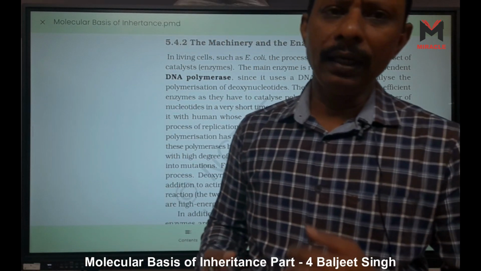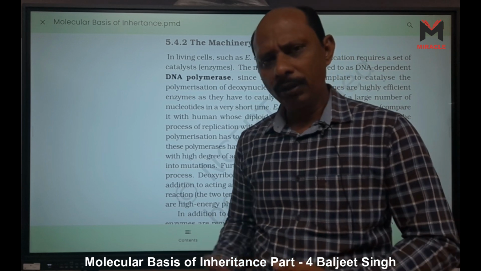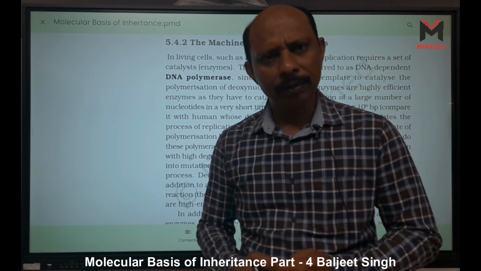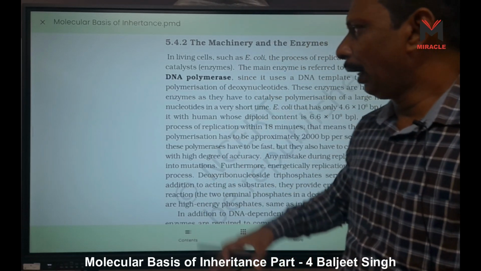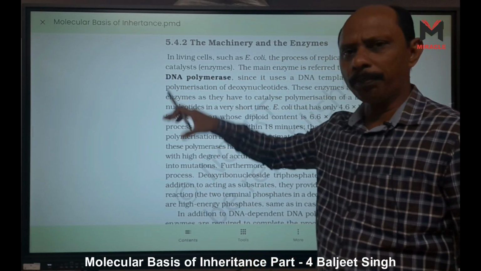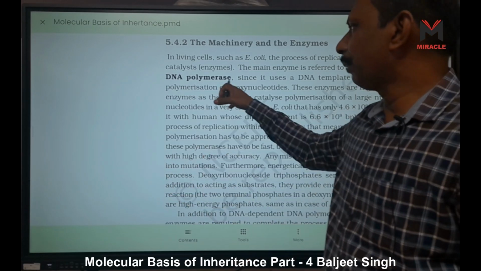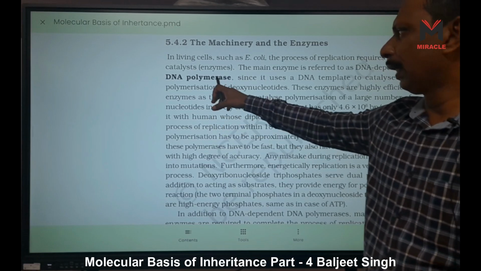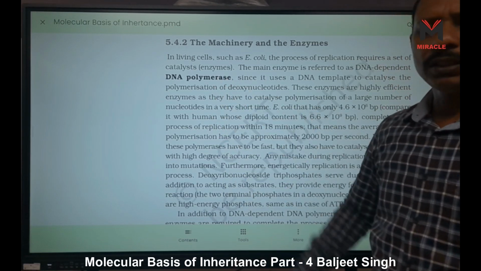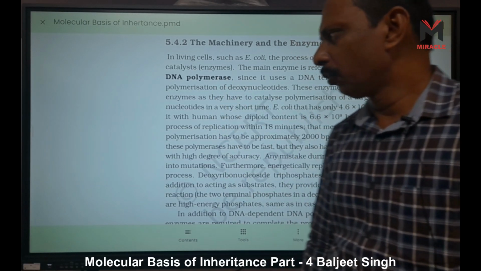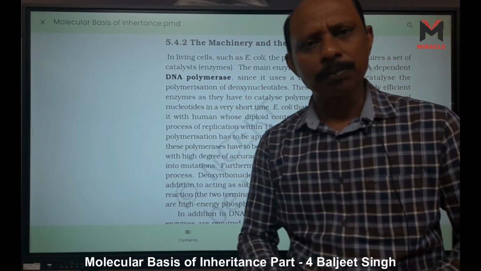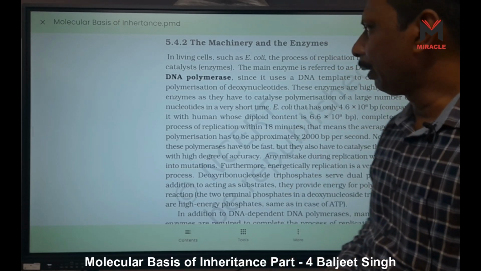So it is called DNA dependent because for this process, at least we need one strand of parent DNA, right? And DNA polymerase, because here a DNA polymer is formed. So this enzyme is called DNA polymerase. Already we know that ASE is the suffix which is used for enzymes, right? DNA-dependent DNA polymerase enzyme is responsible for DNA replication.